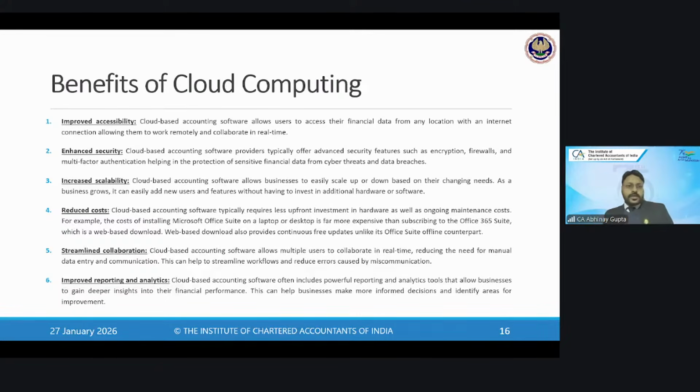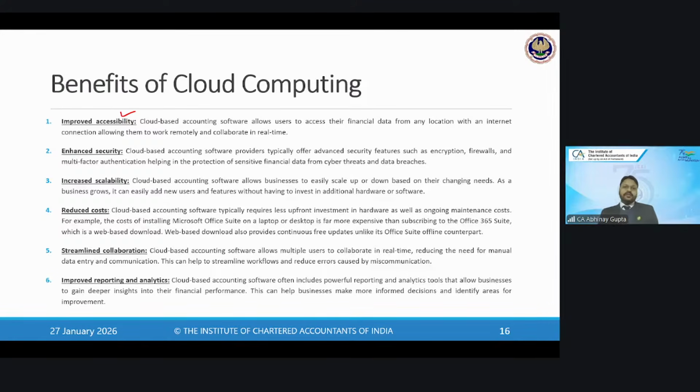Yes, sir. Improved accessibility. And this is the key attribute of cloud computing, which helped a lot in COVID times, pandemic times, right? Because people were quarantined at home, they could not move, and in that case, if the companies were not giving them access, they wouldn't be able to work for the company, and the company's work would have suffered significantly, right?